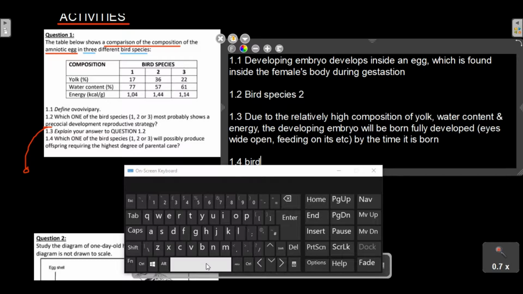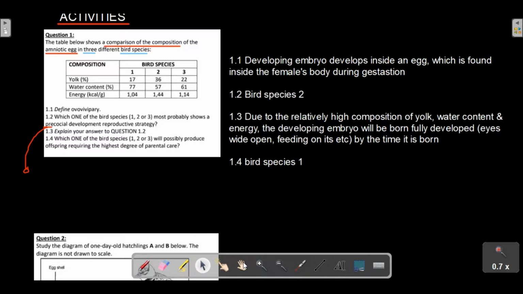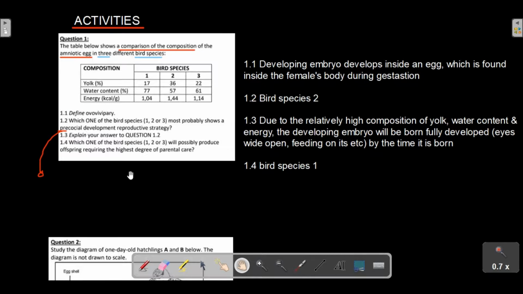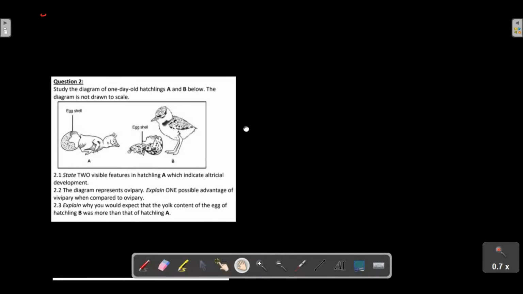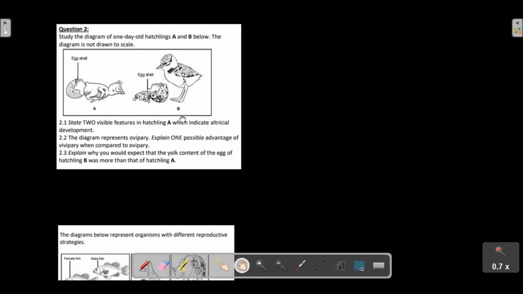So that's bird species 1, right? And we would have given the reason if we were asked. So head on to the next question, question 2.